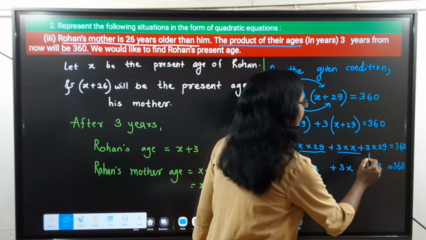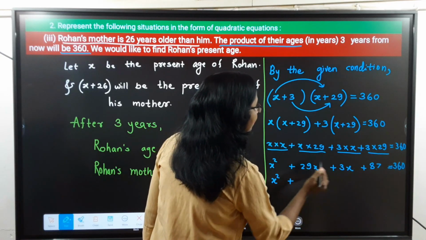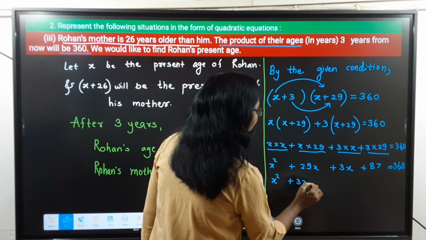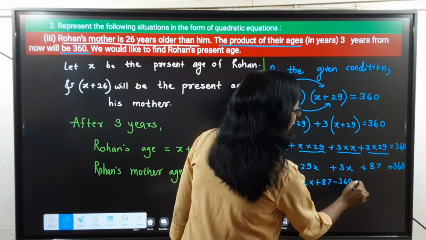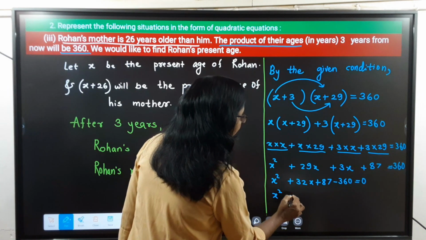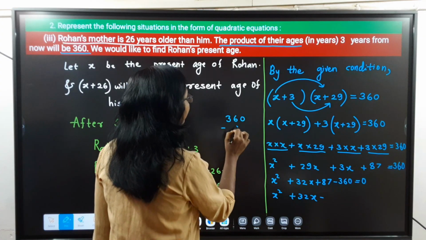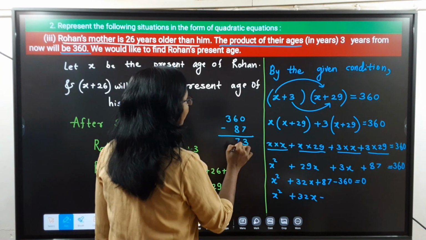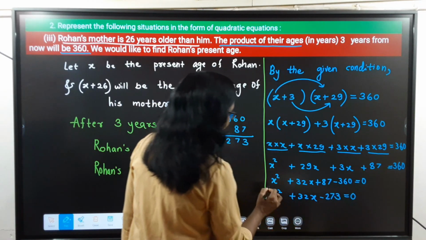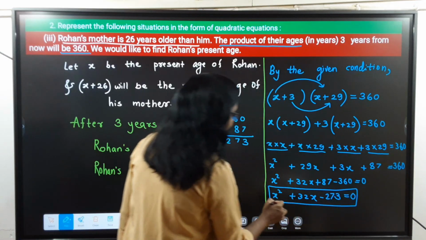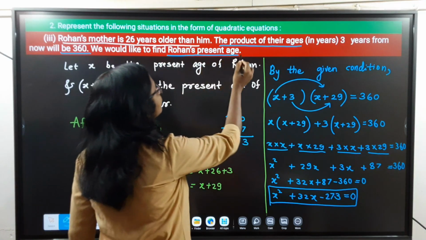Further simplifying, x square plus 32x plus 87 minus 360 is equal to 0. Therefore x square plus 32x minus 273 is equal to 0.